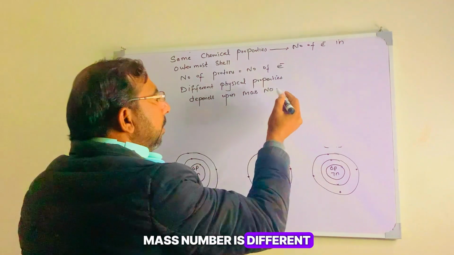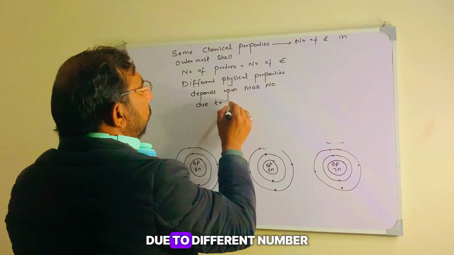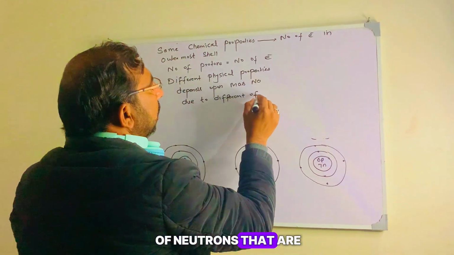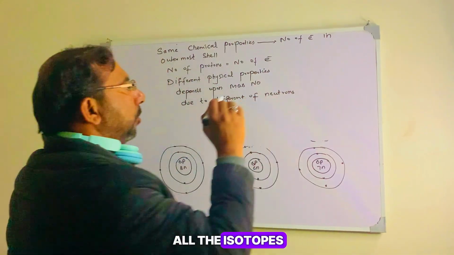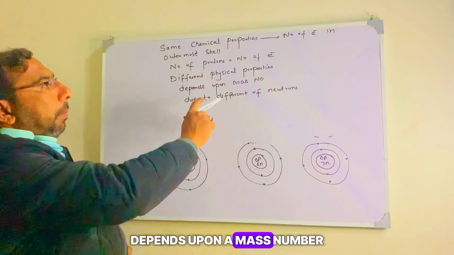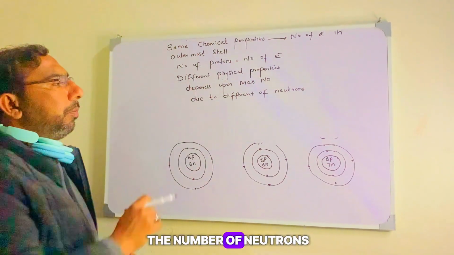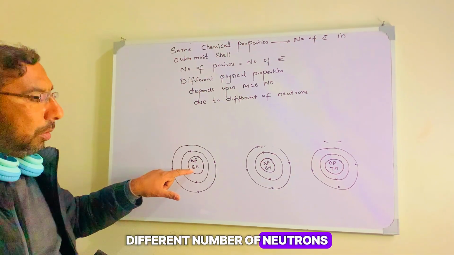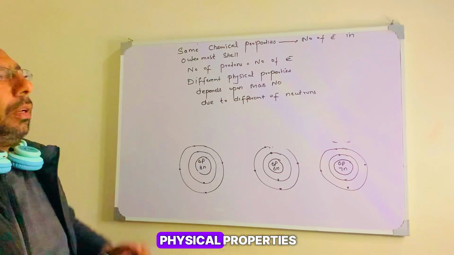Mass number is different due to the different number of neutrons present in the nucleus of all the isotopes. Because physical properties depend on mass number, and mass number is mostly determined by the number of neutrons, and because isotopes have different numbers of neutrons, they have different physical properties.